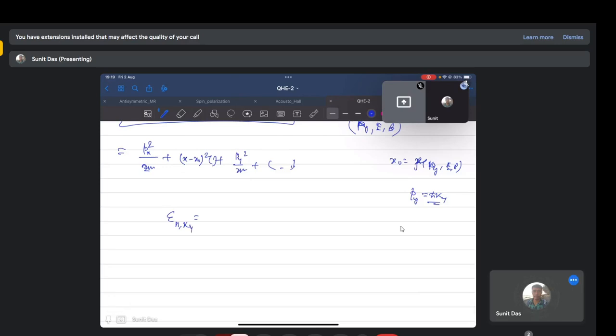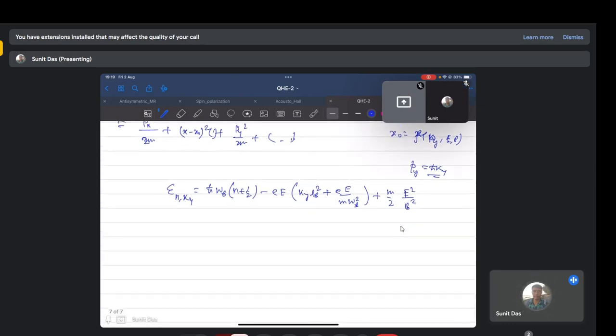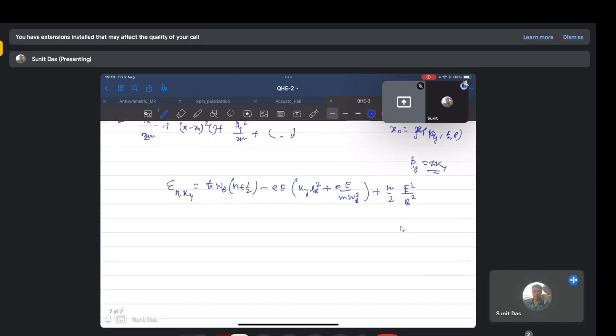So for n and ky, the energy eigenvalue will be given by h bar omega b times n plus half, minus e electric field ky lb square, plus e electric field by m omega b square, plus m by 2 e square by b square. Okay, so this can be easily proved. I just spent quite some time. In the next class I will definitely give you notes.